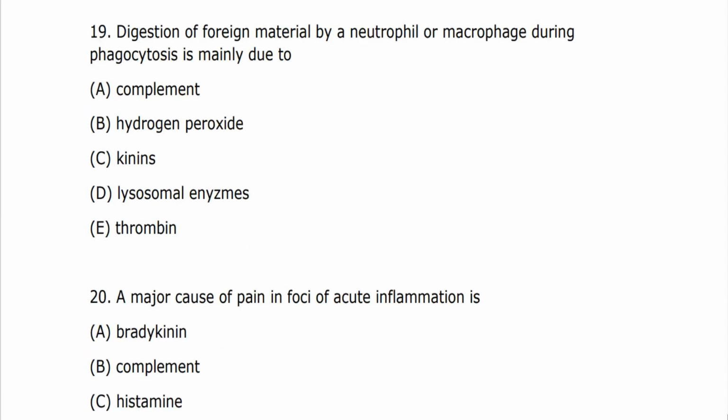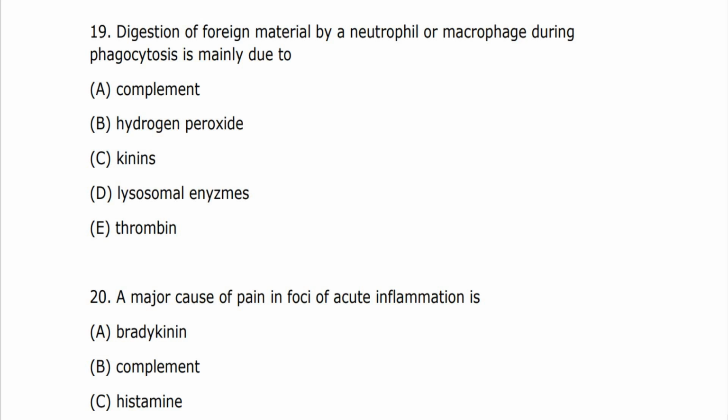Question 19. The digestion of foreign material by a neutrophil or macrophage during phagocytosis is mainly due to... This is important. This is digestion, not killing. There is oxygen-dependent killing that they do using hydrogen peroxide or NADPH-dependent oxidase.